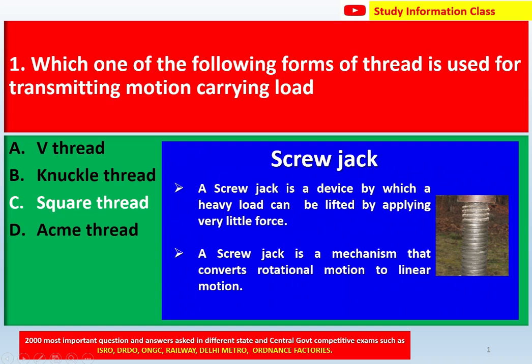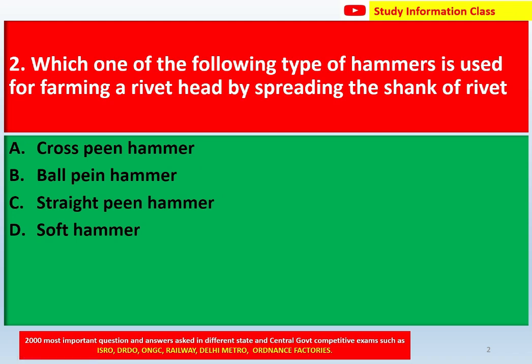So next question, which one of the following type of hammers is used for forming a rivet head by spreading the shank of rivet? Option: cross pin hammer, ball pin hammer, straight pin hammer, soft hammer.